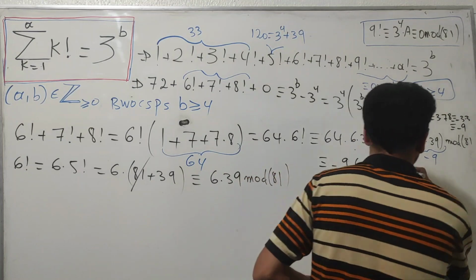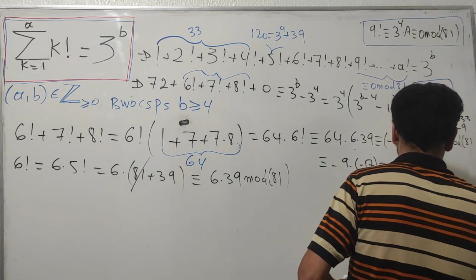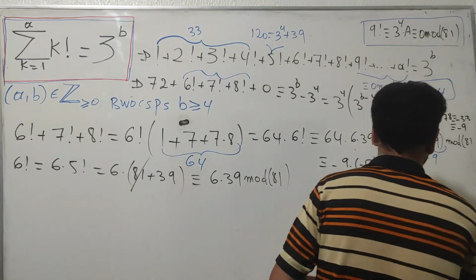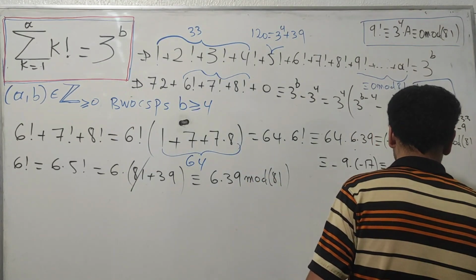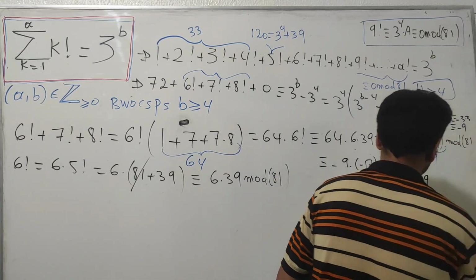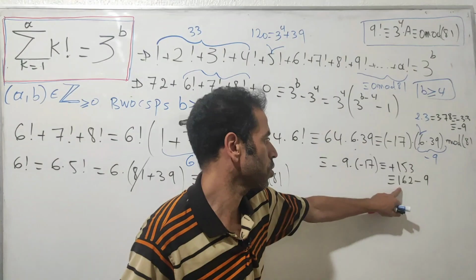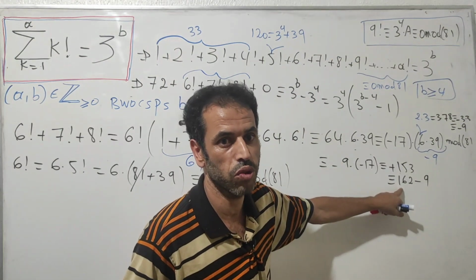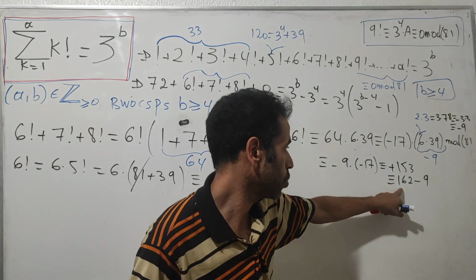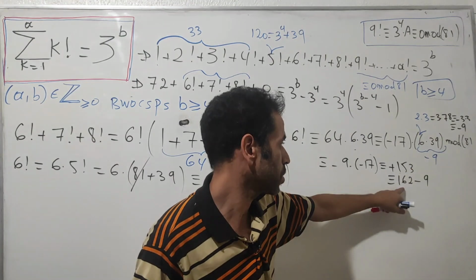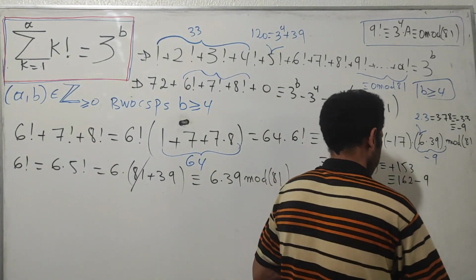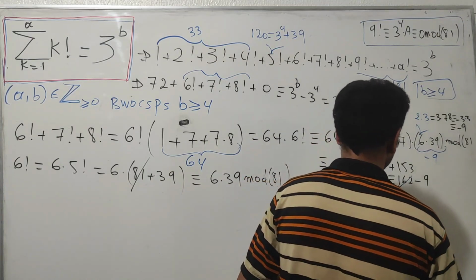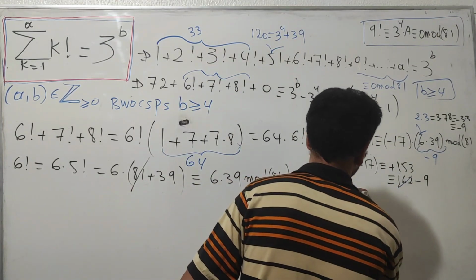Okay, 153. 153 equals 162 minus 9. 162 is the same as 2 multiplied by 81. We know 81 is congruent to 0 modulo 81, which means this one will be 0. So I will have minus 9. So I get here congruent to minus 9.